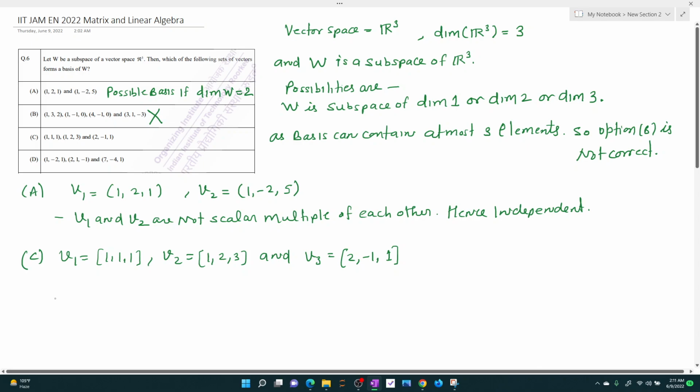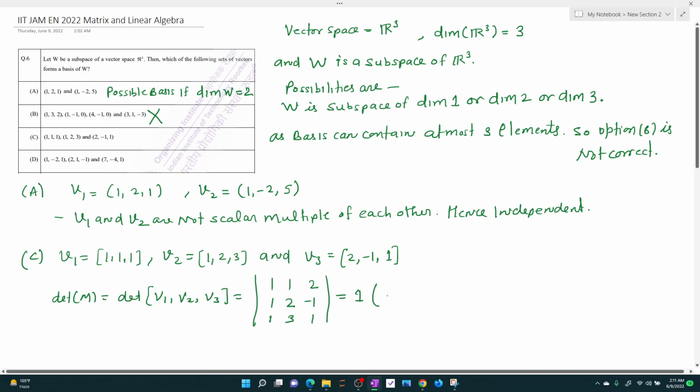So I will take the determinant of M, where M is the matrix with v1, v2 and v3 as column vectors. So it becomes the determinant of 1 1 1, 1 2 3, and 2 minus 1 1, right?